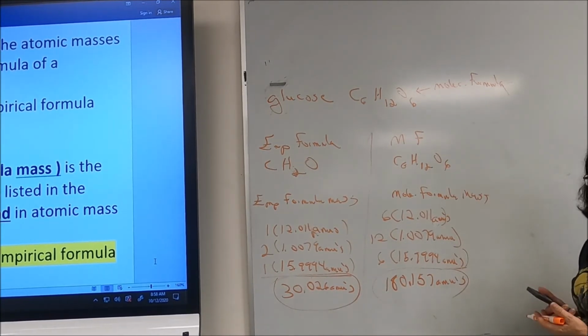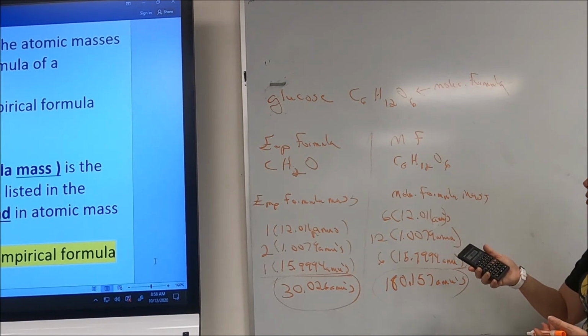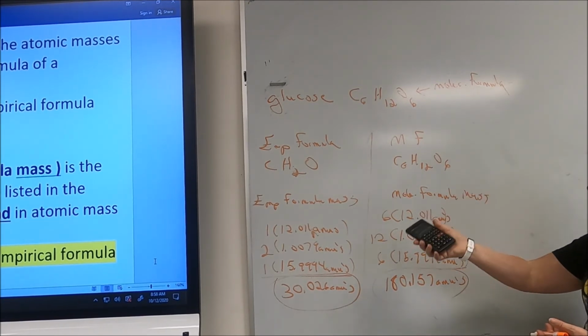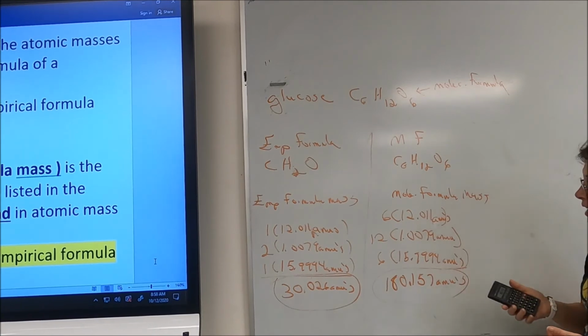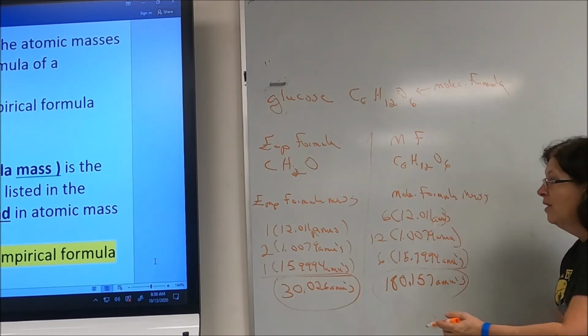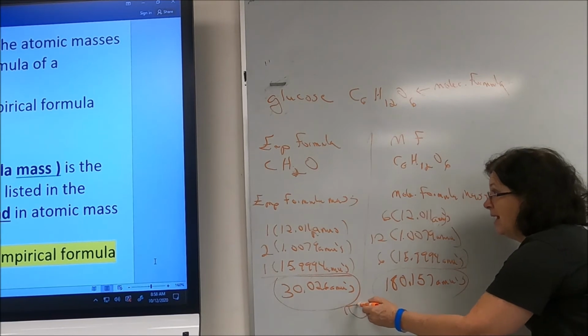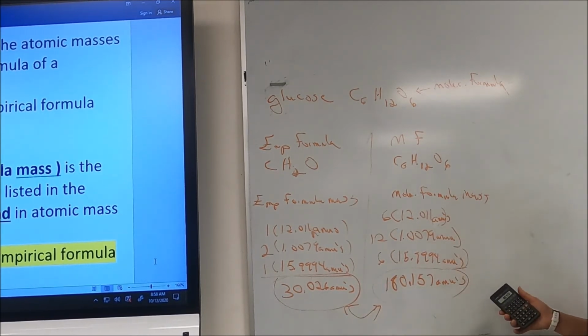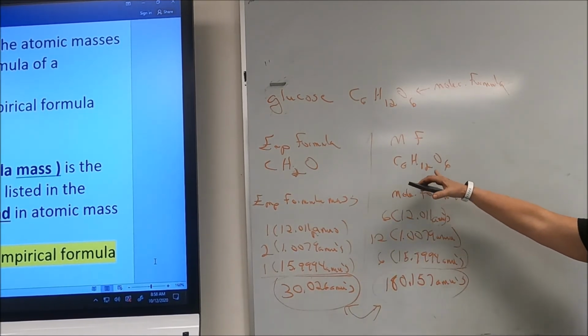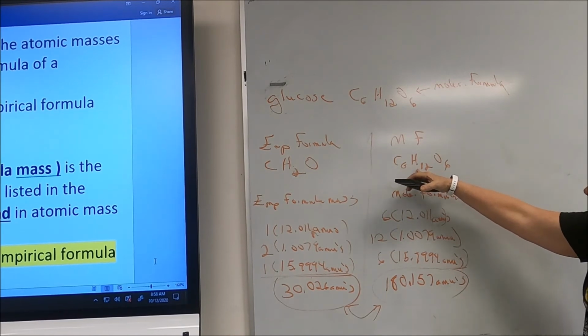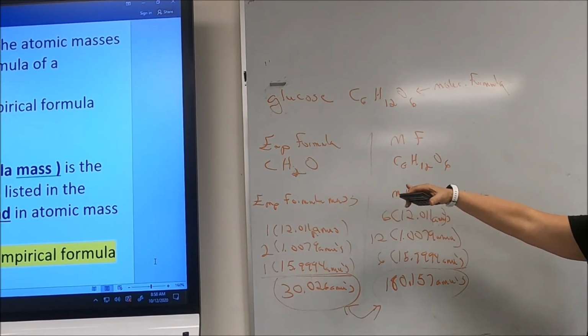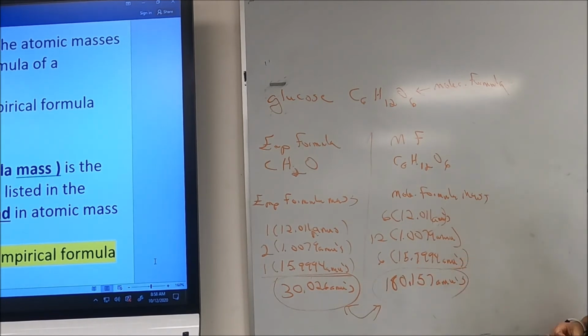Okay, so glucose, being a covalent compound, has an empirical formula, it has a molecular formula, it has an empirical formula mass, it has a molecular formula mass. Now, there's a relationship between the empirical formula mass and the molecular mass. Namely, since I factored out a factor of 6 to go from molecular formula to empirical formula, if I just take the empirical formula mass and multiply it by 6, I'm going to get the molecular formula mass.